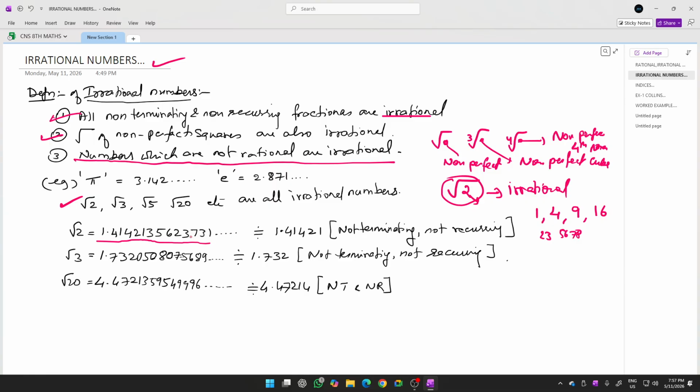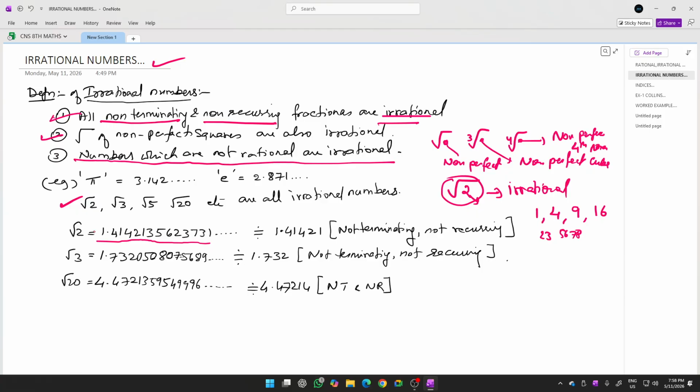What this indicates is that root 2 is a number which, after the decimal point, is not giving you anything recurring, so it is non-terminating and non-recurring. And a non-terminating, non-recurring number is nothing but an irrational number by this definition. A non-terminating and non-recurring fraction is an irrational number, and that is why root 2 is an irrational number, right?